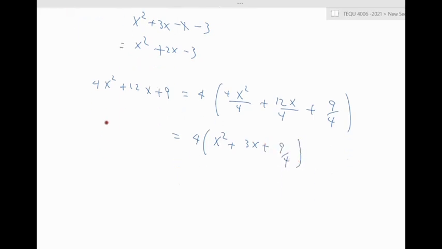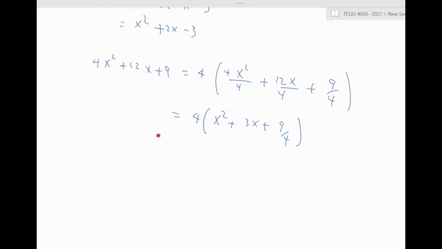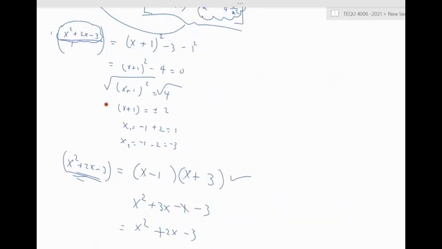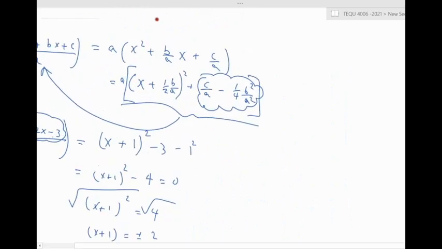Now, we haven't completed the square yet. We are in the process of doing so, because the final result will be 4 times, open a bracket here, because this is parentheses for the square part. That would be x plus 3 over 2, because this is the value of b, and that has to be divided by 2.